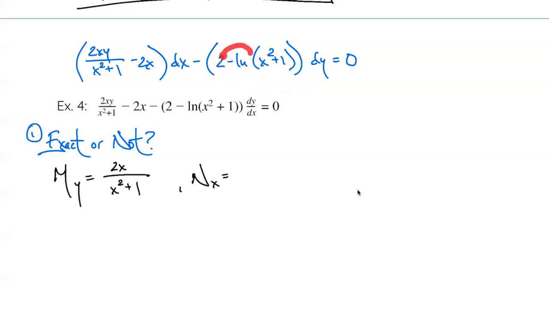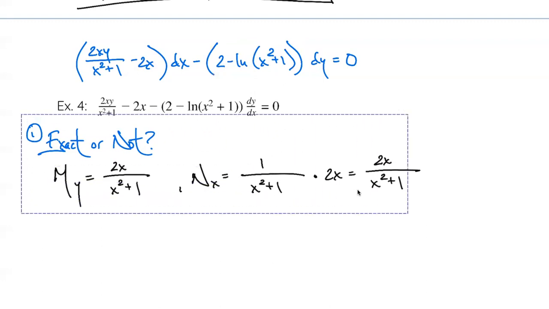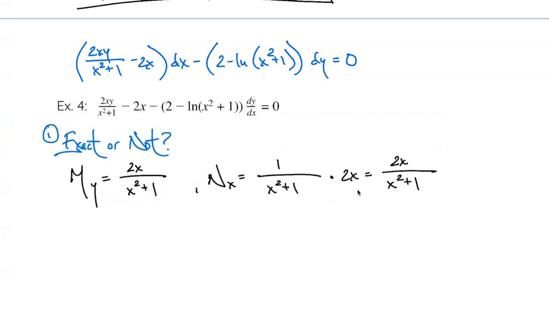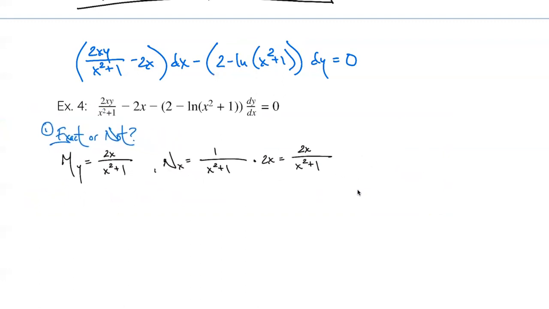The derivative of natural log is 1 over whatever that is, times the derivative of the inside piece, which is just 2x. So we get 2x over x squared plus 1. Lucky for us, we picked a really juicy question, and it is indeed exact.